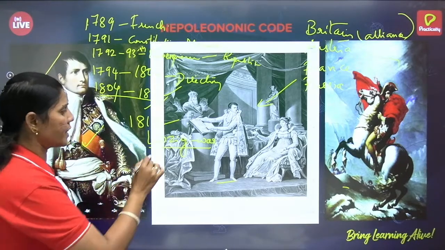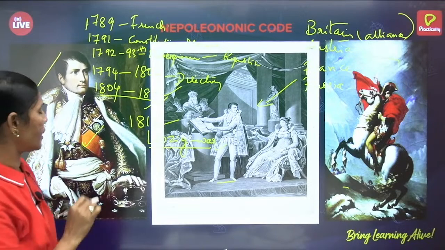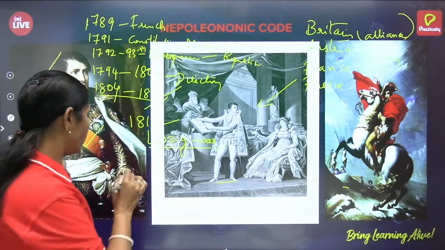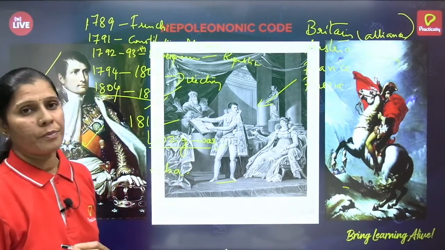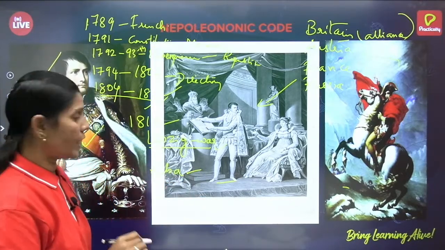Napoleon was defeated in the Leipzig War in 1813, and he was kept on an island called Elba, near Africa.